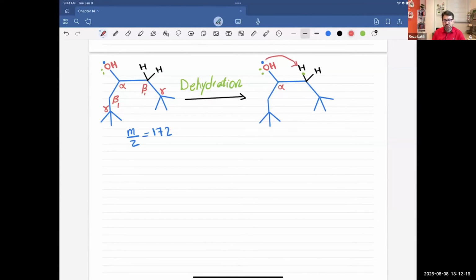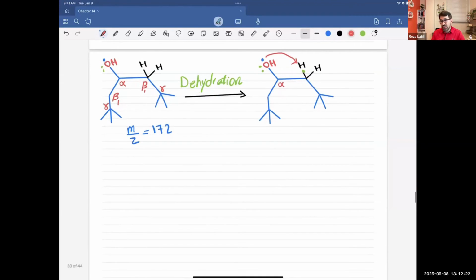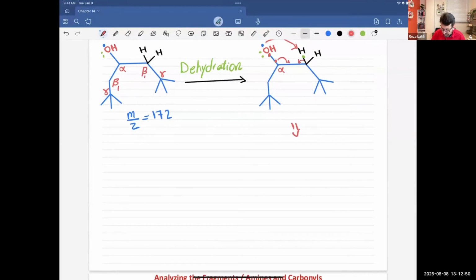Let's go after hydrogen. We're going to take hydrogen, and that's going to give us a water molecule. And what will happen with the second electron? The second electron will come back to the carbon. Okay, we're going to share it here. And remember, the OH is using 2 electrons to technically get attached to carbon. So one of these electrons will get back, and it will be shared with the neighbor carbon. And so the output will be something like this.